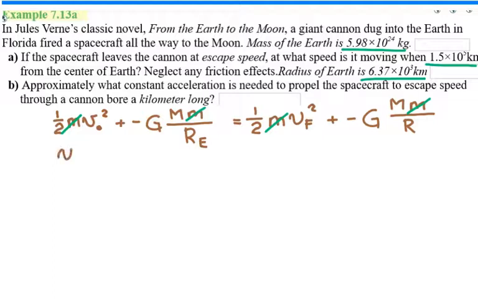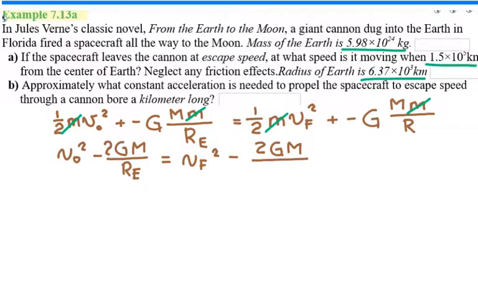So I have initial velocity squared minus GM, and if I times it by 2, 2 appears on the top, and I have our Earth, and equals to, if I times the next term by 2, I only have v final, and that's the one I'm looking for, squared, and then I have minus 2GM, and then I have the final distance, the one that they asked me, the 1.5 times 10 to the 8.